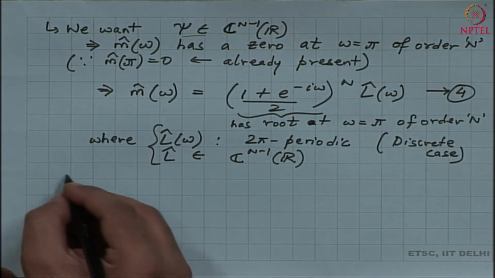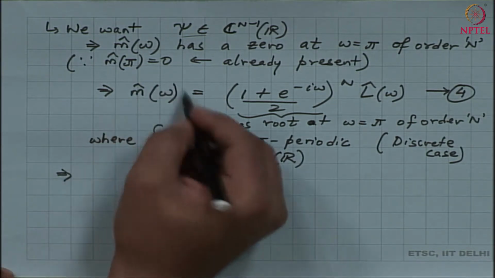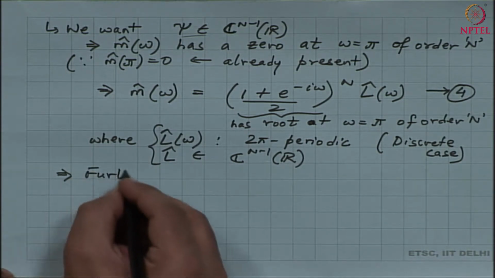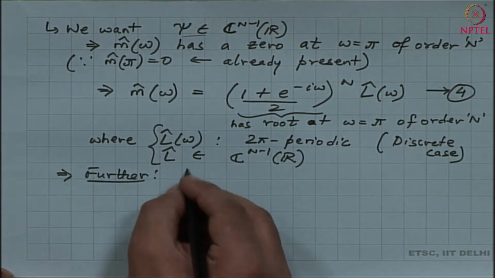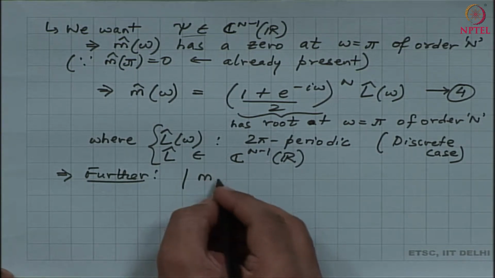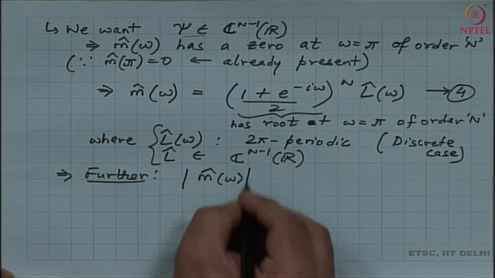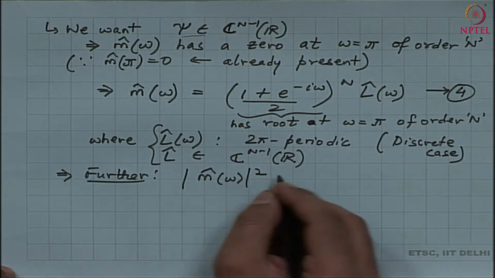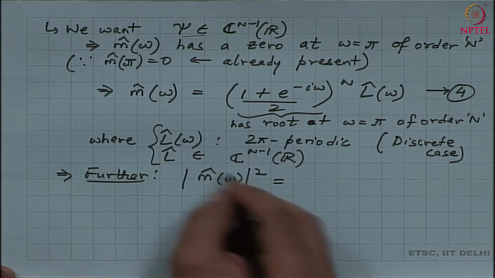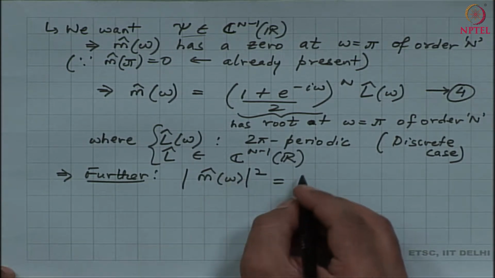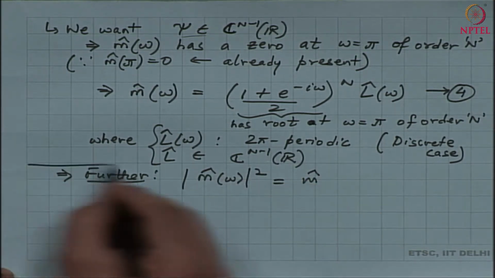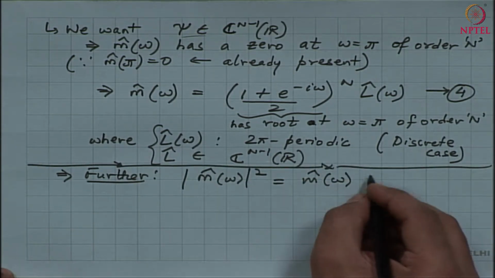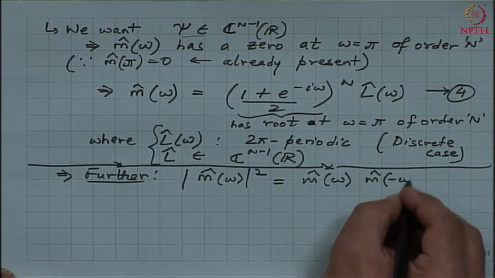Let us look at the absolute value of this associated generating function. Let us work in terms of the square of the absolute value. Since this is a complex function in general, I can write this as m hat omega times m hat of minus omega.